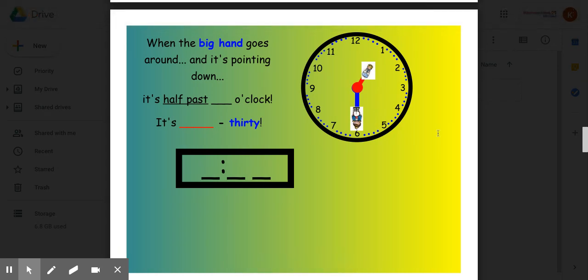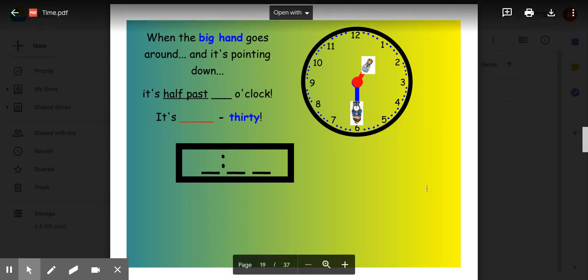Now this is an I do, so I am going to do this one and you are going to watch. The hour hand is pointing to the 1. Remember, the hour hand is the short one. It's pointing to the 1, so I know the hour is 1. It is pointing down, so I know the minute is 30.